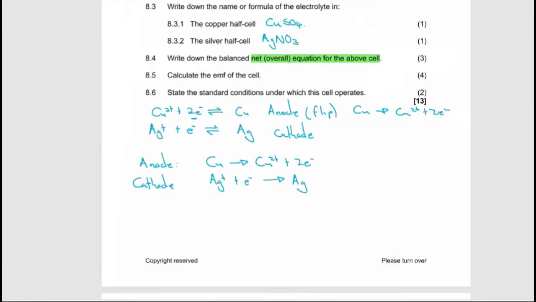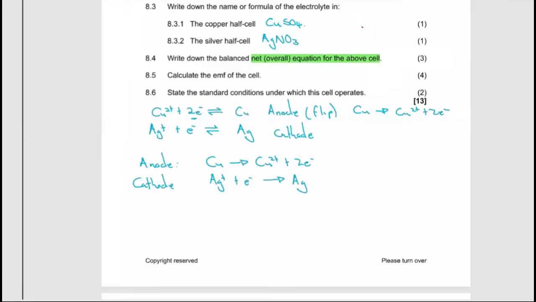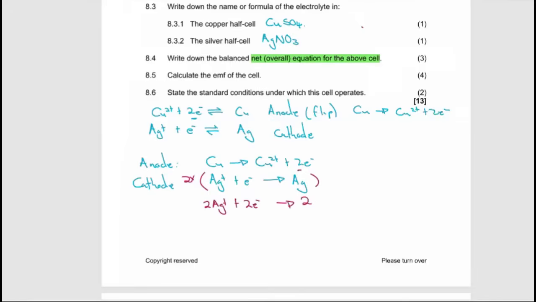As you can see, the electrons are not balanced. The copper has 2 electrons and this one only has 1 electron. So I'm going to put everything in brackets and multiply. For my cathode, I'm going to have 2Ag+ plus 2 electrons to give 2Ag.